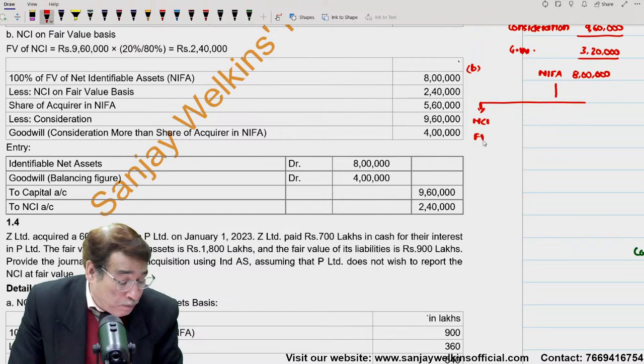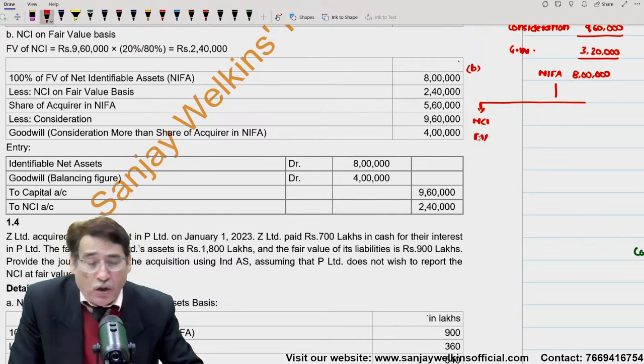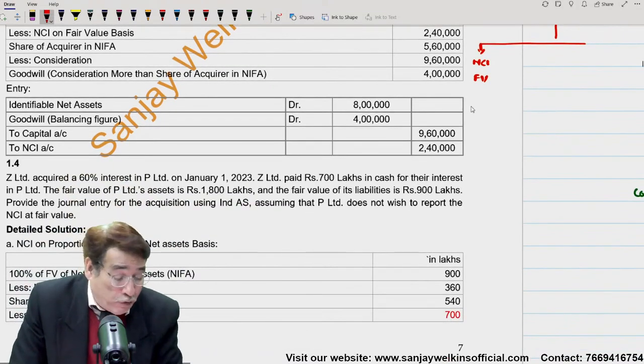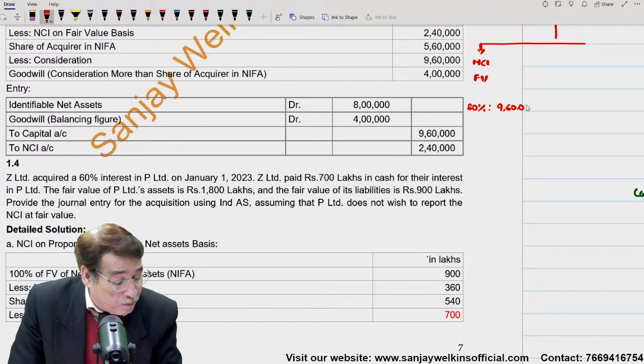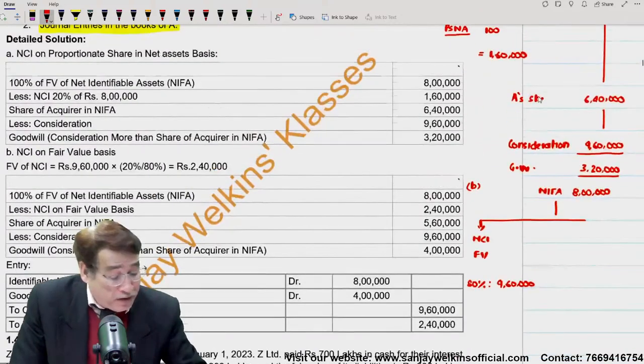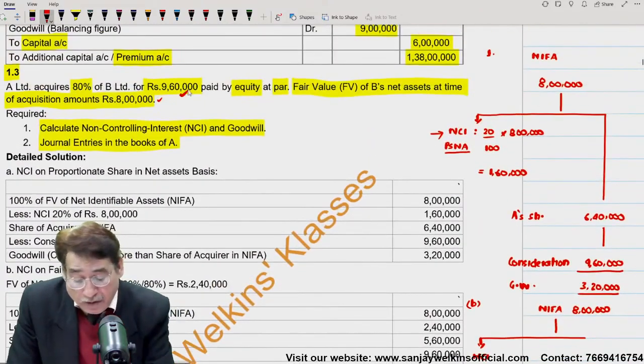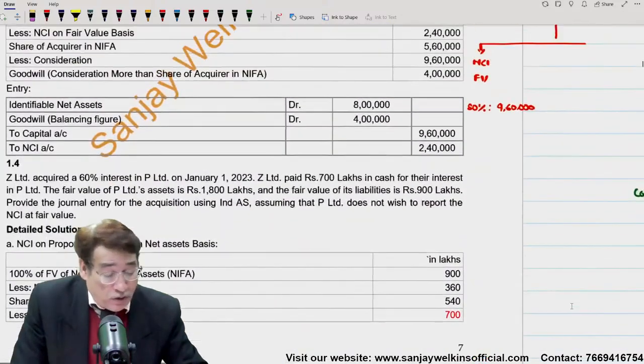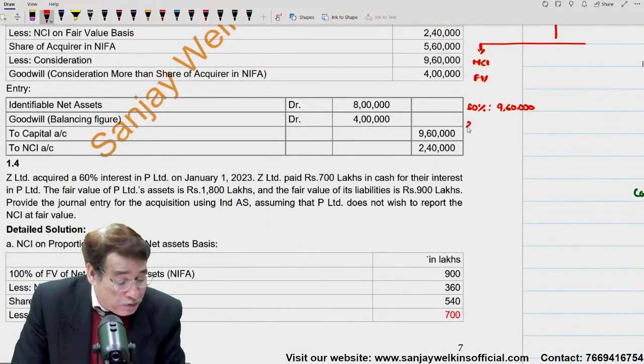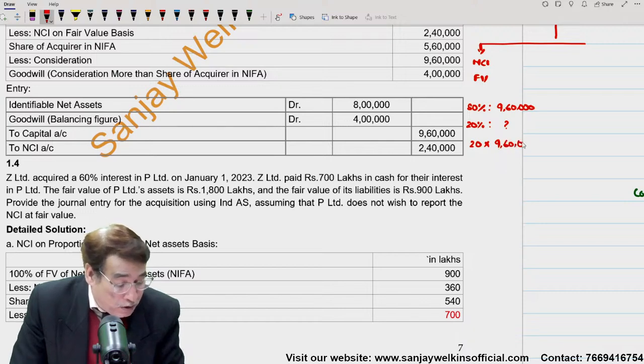In order to compute the NCI at fair value, what am I supposed to do? For 80%, we are paying 9,60,000. Correct? So now I will take 20%. What will be the value of 20%? That is equal to 20 into 9,60,000 divided by 80.